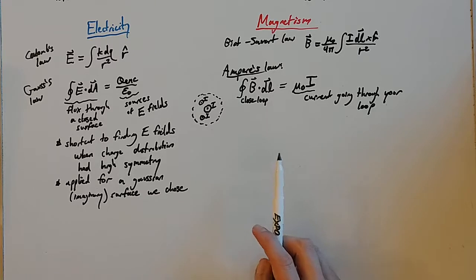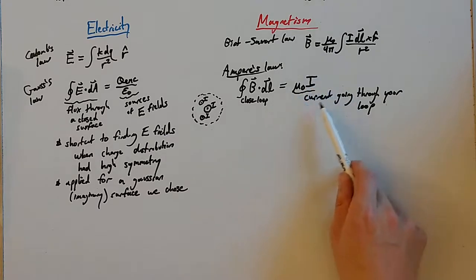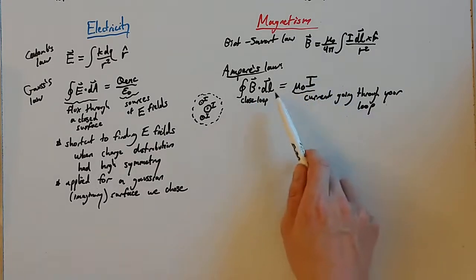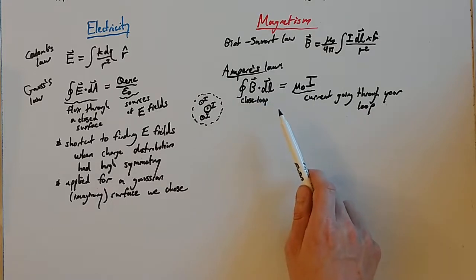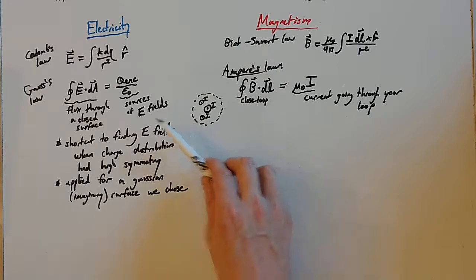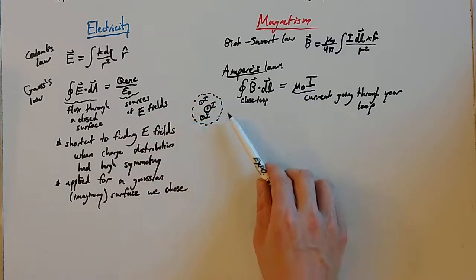And so what we're doing here, just to be clear, is we're connecting sources of magnetic fields, that is current, to something that we're imagining. Specifically in this case, we're going to imagine not a surface, like with Gauss's law, but some paths that we want to walk around.